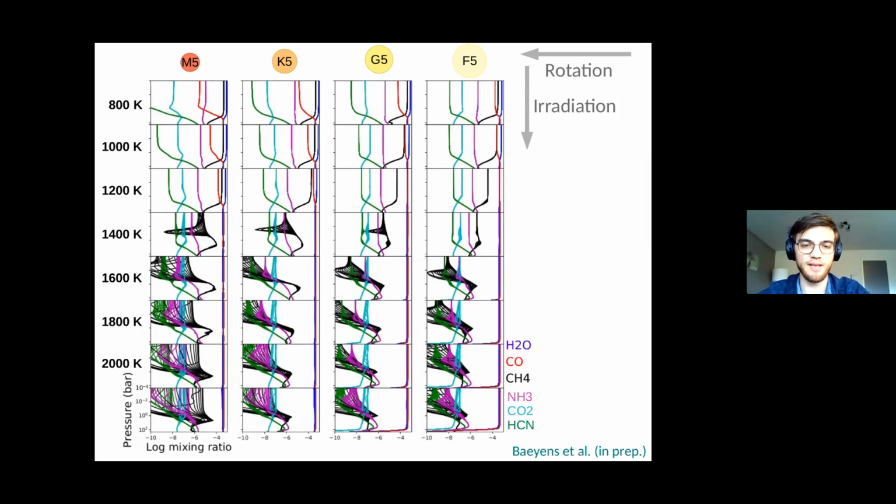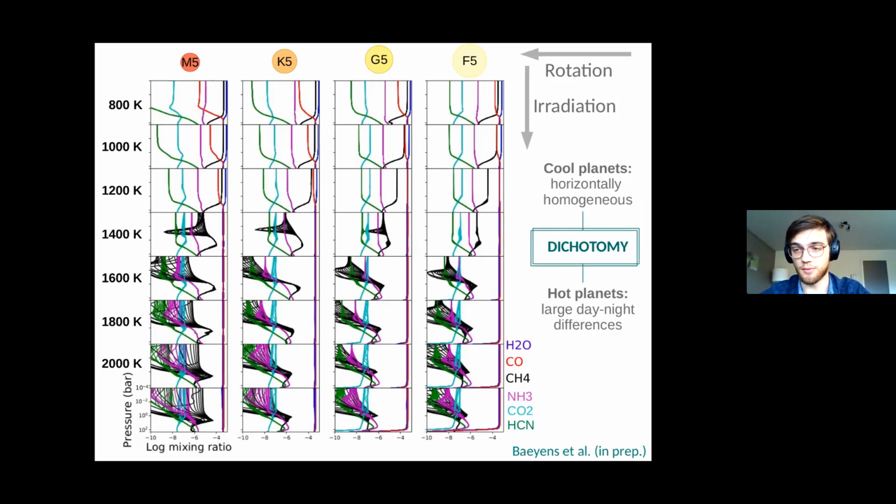And that is, to me at least, there is a striking dichotomy between, on the one hand, the cool planets, and on the other hand, the hot planets, where the cool planets tend to be horizontally homogeneous, and the hot planets tend to show large, or at least very noticeable differences between the day side and the night side, or longitudinal composition differences, basically. So this is quite interesting.